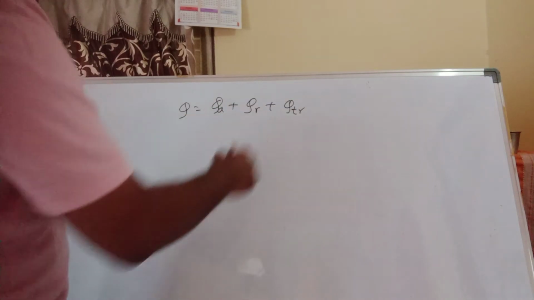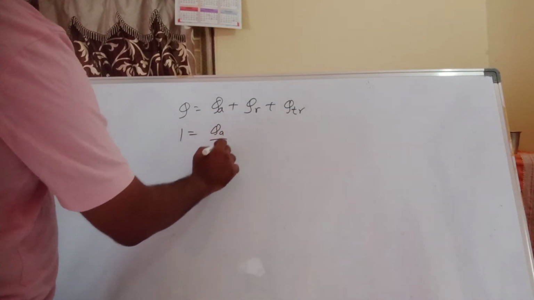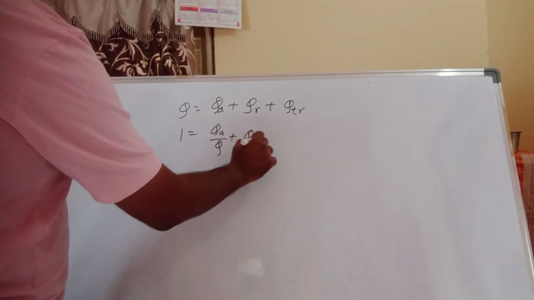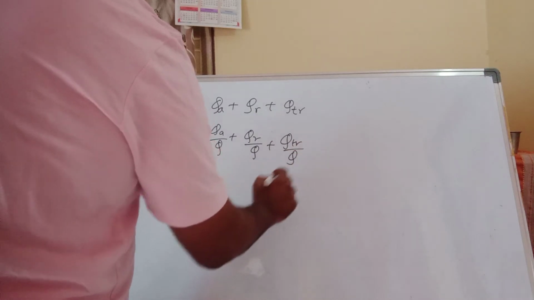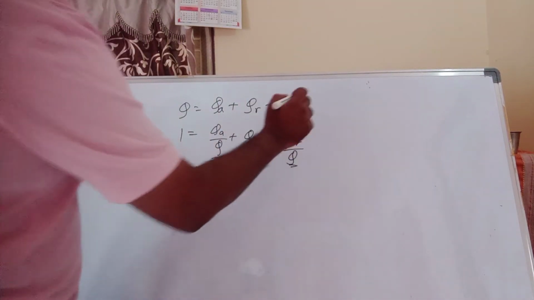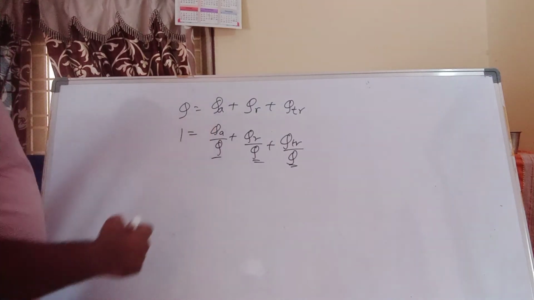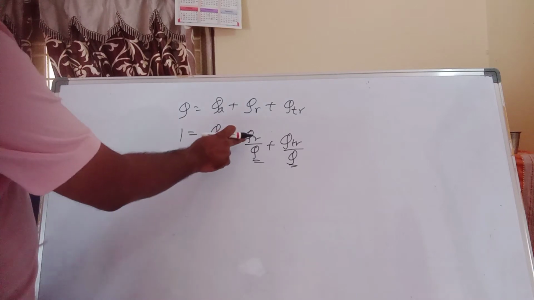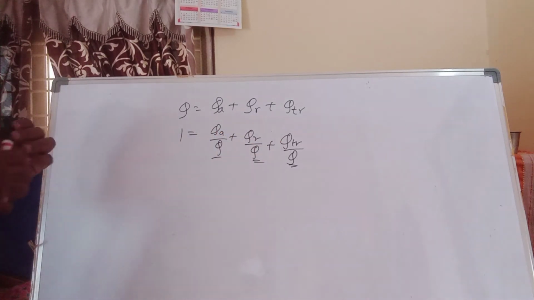So divide both sides by Q. We get 1 is equal to QA by Q plus QR by Q plus QTR by Q. So all these three are called coefficients. This is called coefficient of absorption, suffix A is indicating that, coefficient of reflection, and coefficient of radiation.